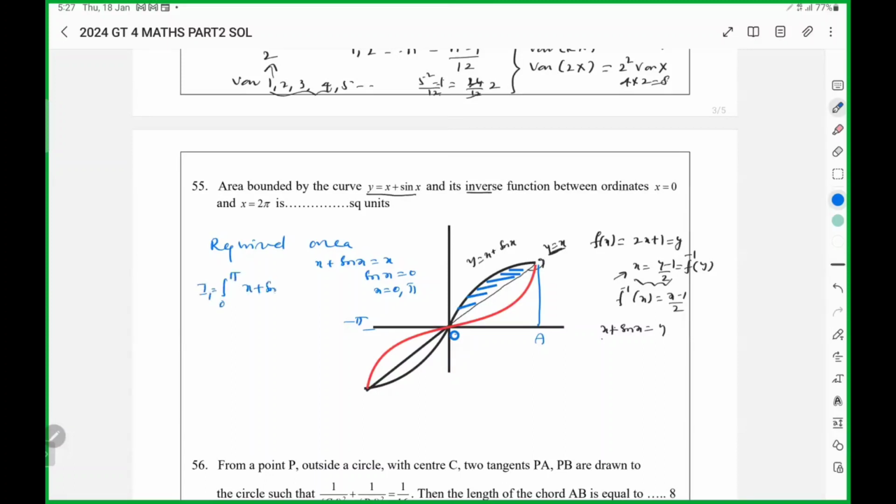Area under x plus sin x minus area under x. So required area is 4 into x square units.